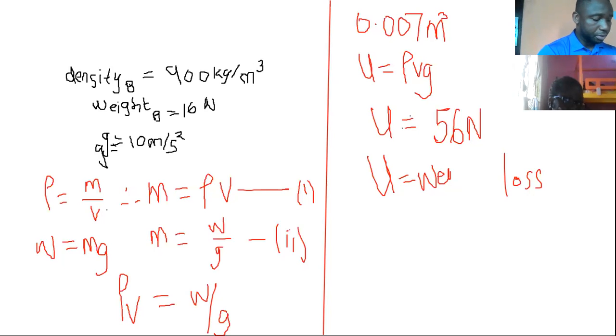Calculate, Roman figure 1, the volume of water displaced by the wood. Roman figure 2, the fraction of the volume of the wood immersed in water.